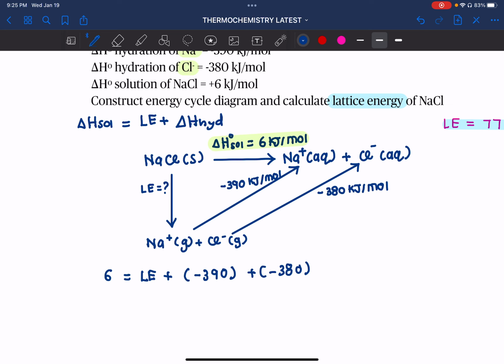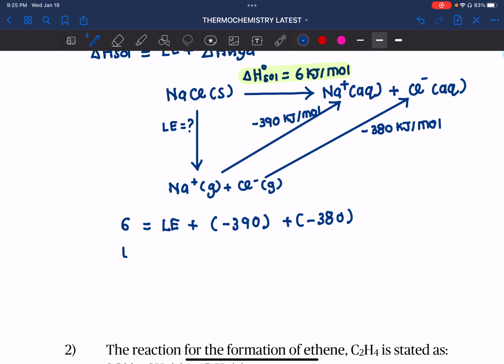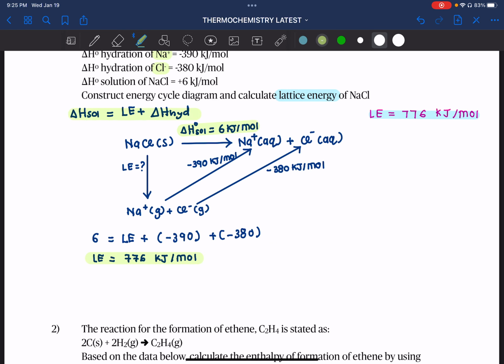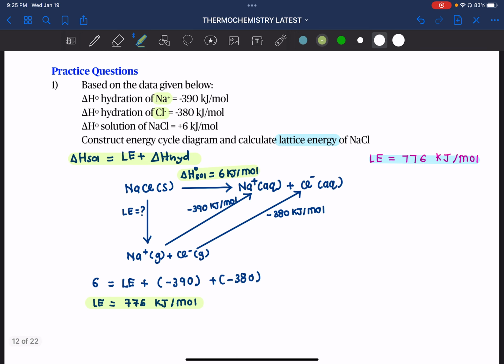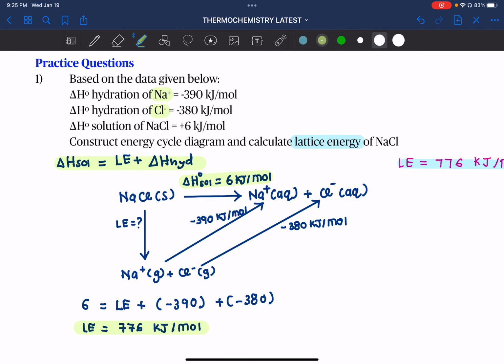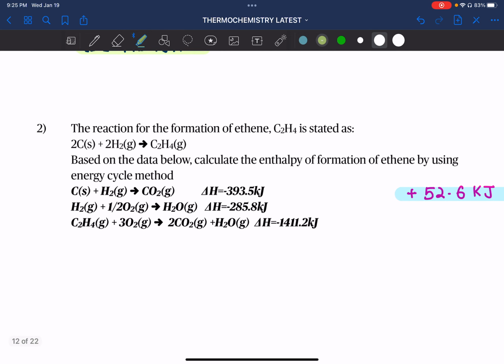Perlu kembang tak kilojoule per mole tu? My advice is you don't have to lah. So here you should get 776 kilojoule per mole. So that is the lattice energy lah. So we follow this formula. Tapi soalan suruh construct energy cycle diagram. So this is how we construct the energy cycle diagram lah. Okay, next we try the next one.